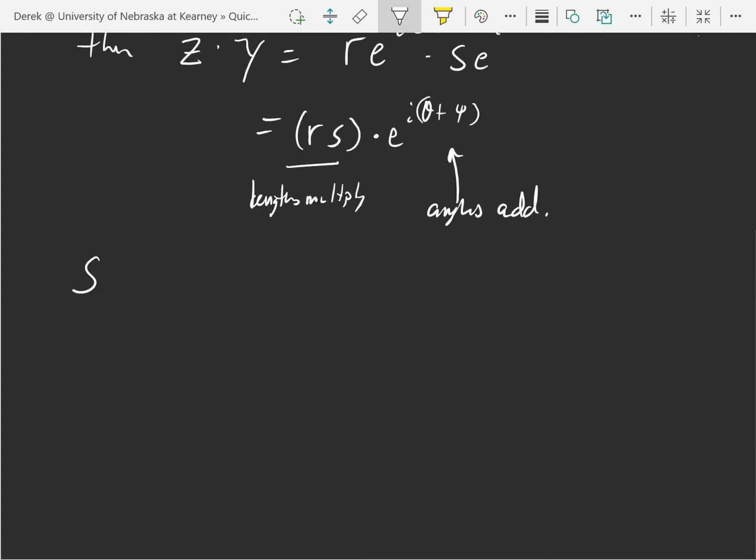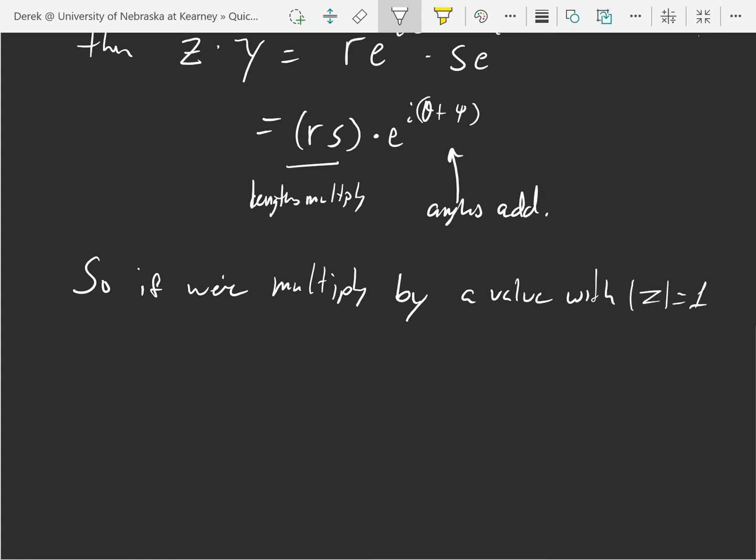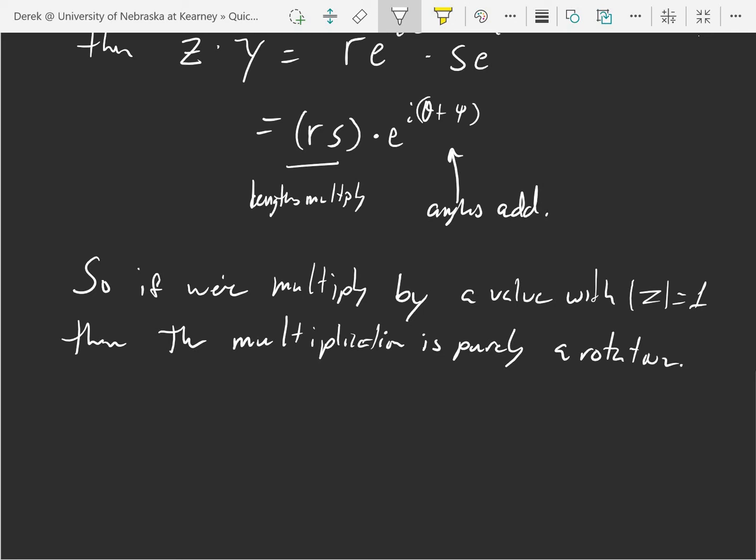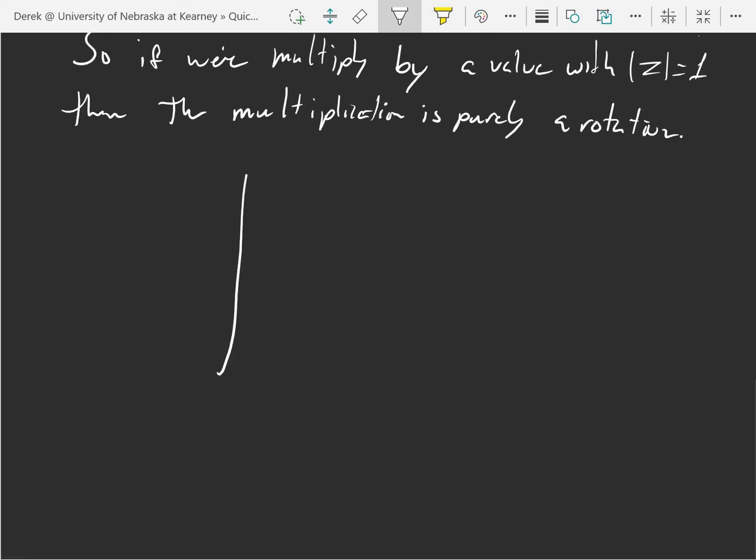Okay, so if we are multiplying by a value on the unit circle, say z equal to 1, then the multiplication is purely a rotation. So for example, here's i, and if I multiply by i again, the angle is 90 degrees, right? Or pi over 2 radians.